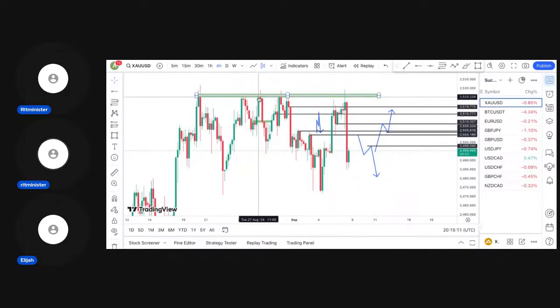Looking at the candlestick, I will not say it because I have been trading for long. I can relate that some of you here might have been trading for more than two or three years. But if you have been constant in the market, you will know the kind of candlestick that needs to retrace back, and the kind of candlestick that doesn't need to retrace back.